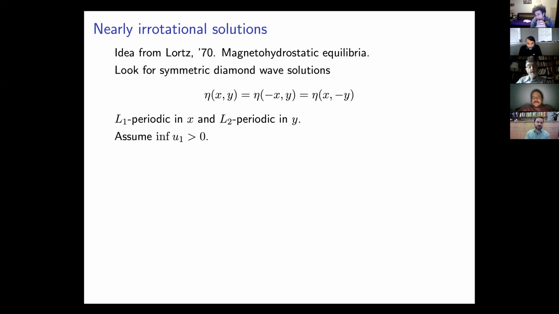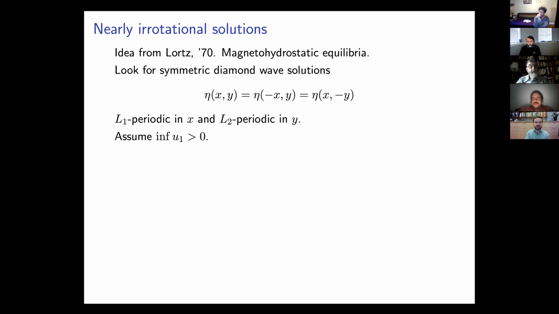So the idea is to use symmetry, which means that all of the streamlines will actually be periodic. So in general, if you have this situation where you have a non-constant Bernoulli function, you have these invariant surfaces, but the streamlines will be quasi-periodic or sort of dense on these surfaces. And so that's a much more difficult problem.